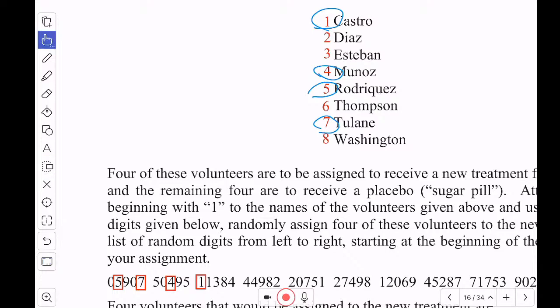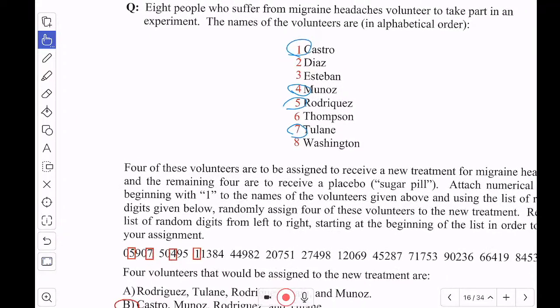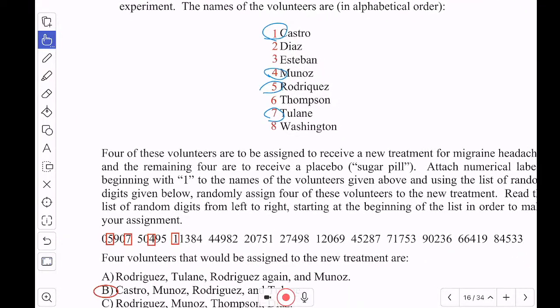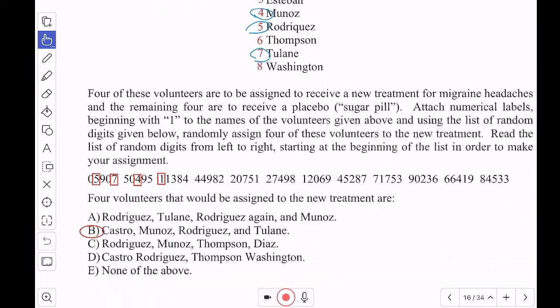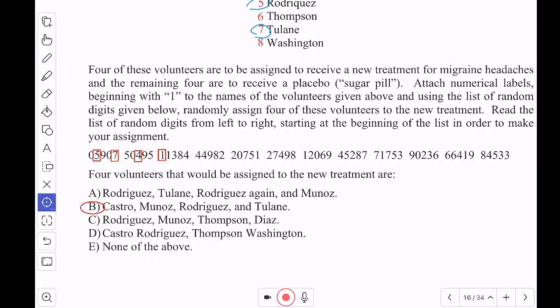We're going to use different candidates, which is just fine. And so those are my volunteers that go in the treatment group: Castro Munoz, Rodriguez, and Tulane.